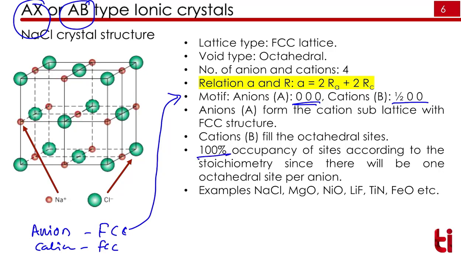That's why there is 100% occupancy, because all void positions are filled. Typical examples are MgO, NiO, LiF, FeO, etc.